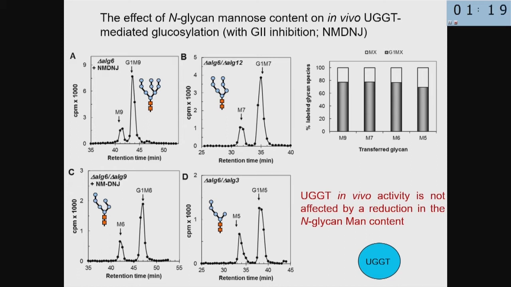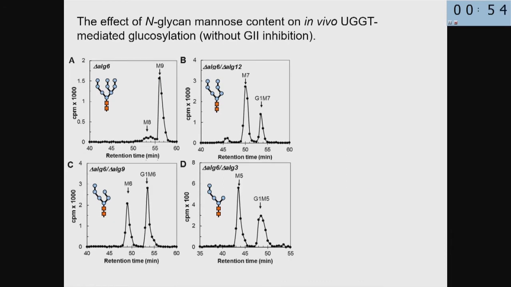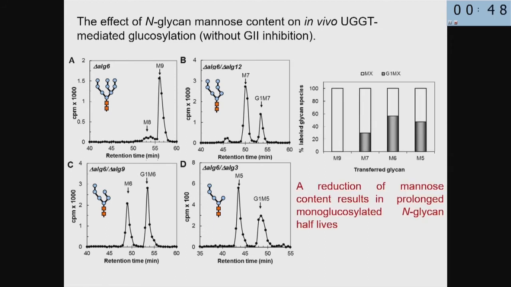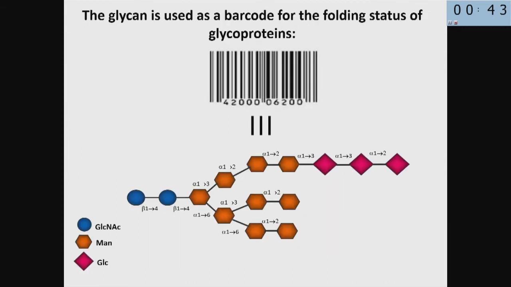So if the mannose content decreases the activity of glucosidase 2, but doesn't affect the activity of the glucosyltransferase, that would mean that upon decrease of the mannose content, the half-life of the monoglucosylated species created by the glucosyltransferase would increase, and this is what is shown in this experiment.